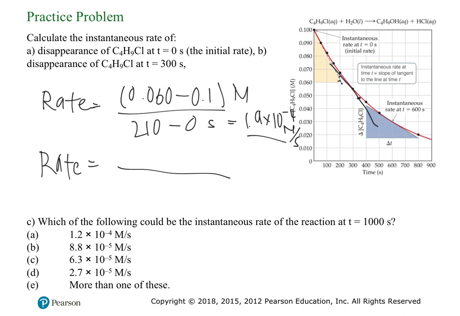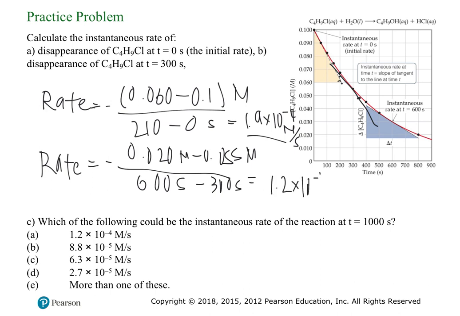So we'll do negative 0.020 molar minus 0.055 molar, and those are the points at 600 seconds and 300 seconds. So when you do that, you get 1.2 times 10 to the negative 4, so we can see that it did indeed slow down.